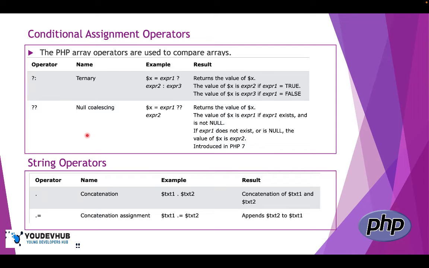Then we have the conditional assignment operators. We have the question mark and a colon, which is called a ternary. What does a ternary do? It returns the value of X. The value of X is expression 2 if expression 1 is true, and the value of X is expression 3 if expression 1 is false.